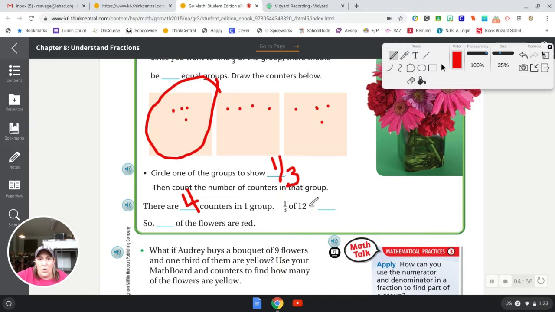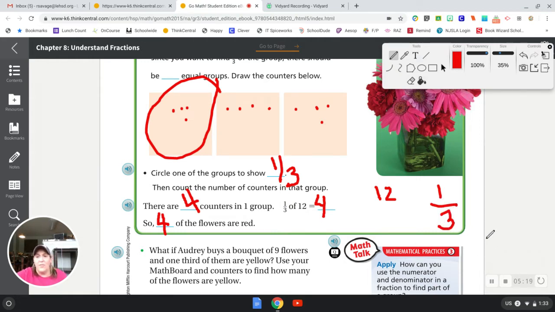So 1/3 of 12 equals how many? 4. So 4 of the flowers are red. Let me recap. We knew we had 12 flowers. We knew about 1/3 of them.